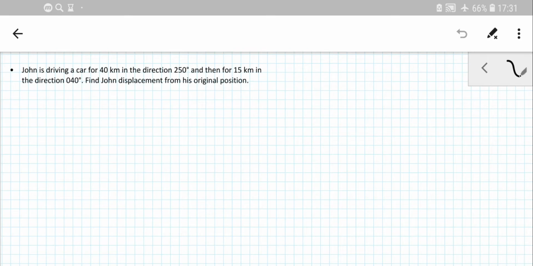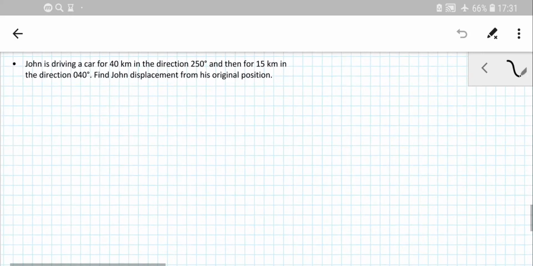First, as always, we set up the starting point, where John starts driving a car for 40 kilometers from that point in direction 250. So we set up the north direction from that point, and we measure 250.